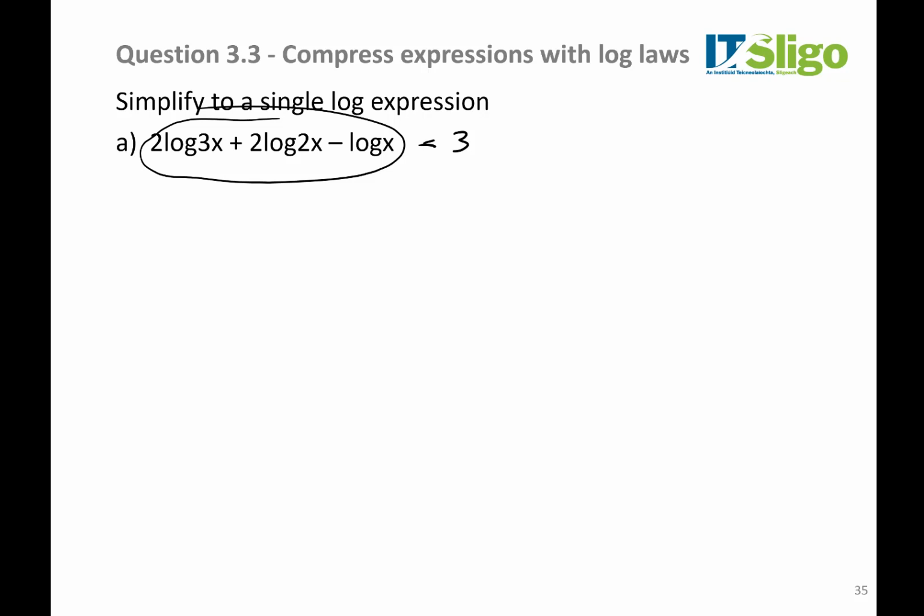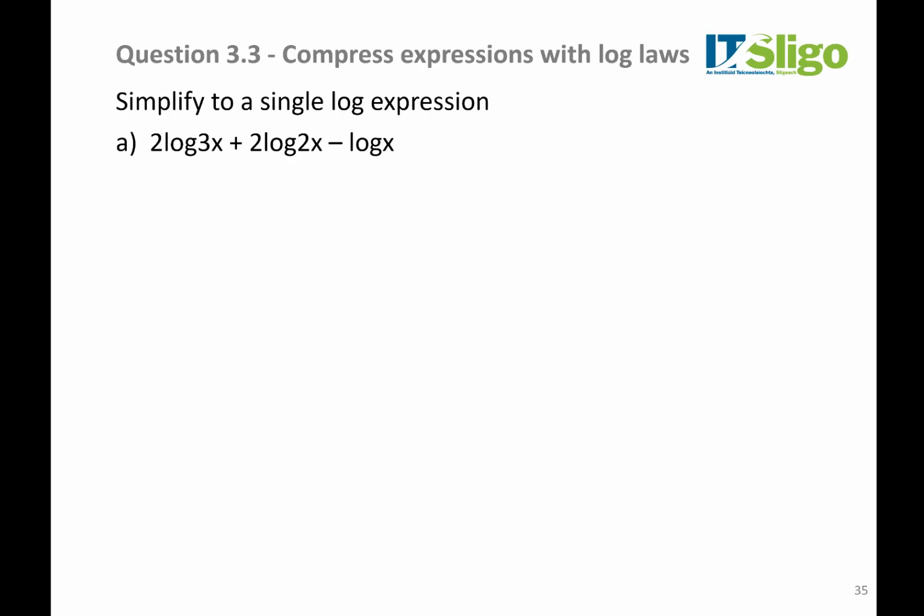If we took 10 to the power of both sides, just to quickly show you, what we would now have would be 10 to the power of all of this is equal to 10 to the power of 3. And now you're in a dead end because you have logs and 10 to the power of in the same expression. You're never going to find a way out.